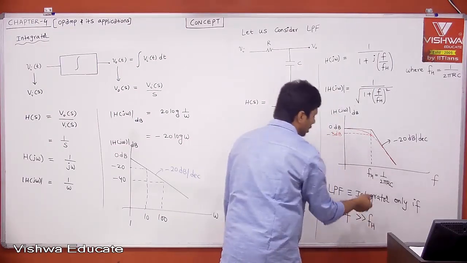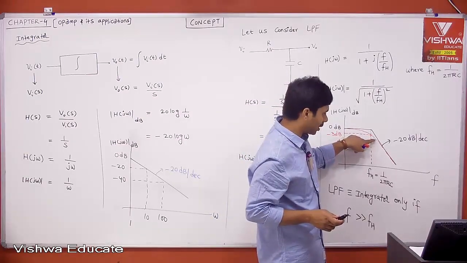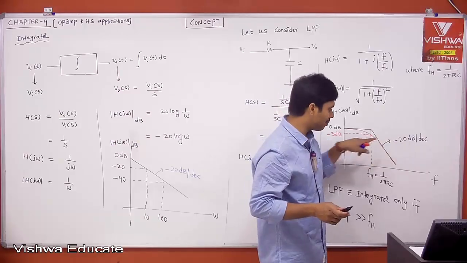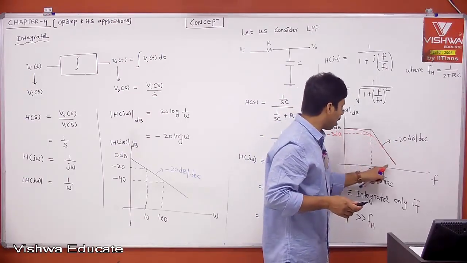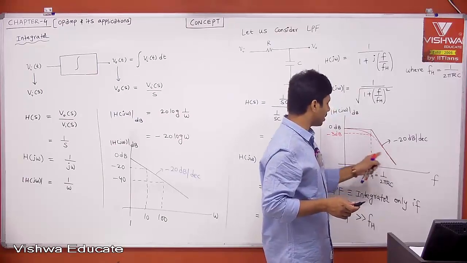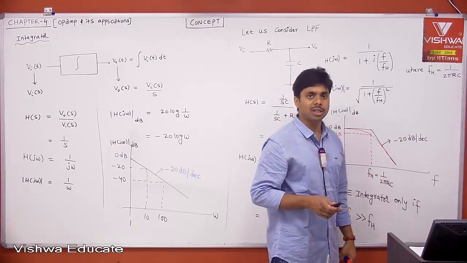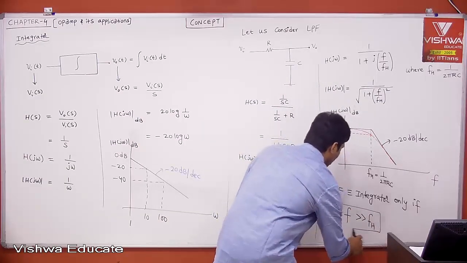Not slightly, at least 10 times, because here it is not minus 20 dB per decade. According to the Bode plot, immediately we have minus 20 dB per decade, but in the actual scenario, with practical considerations, it is having minus 20 dB per decade after maybe 10 times fh. There only you have the slope of minus 20 dB per decade. Okay, this is the condition or requirement.